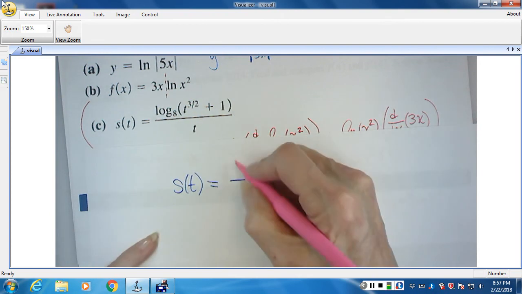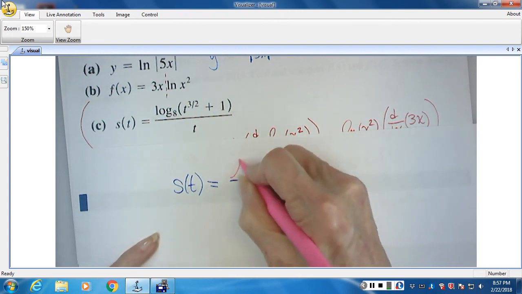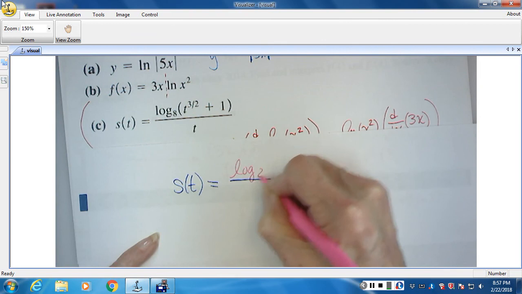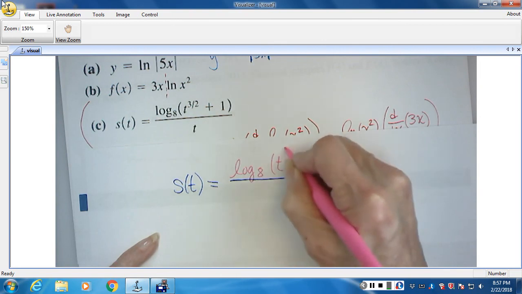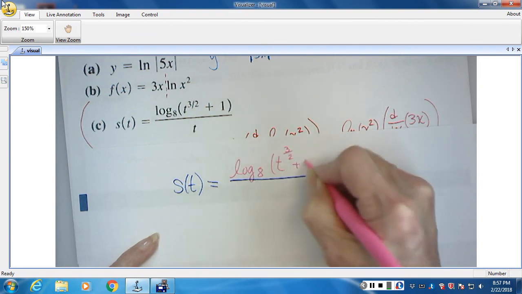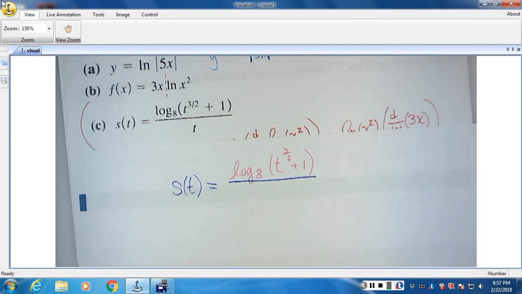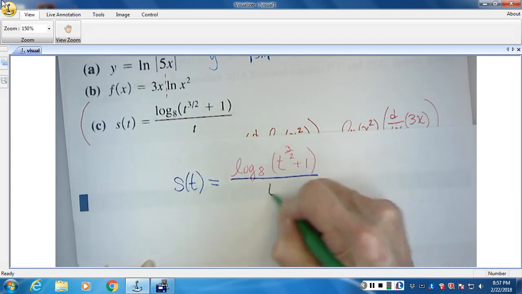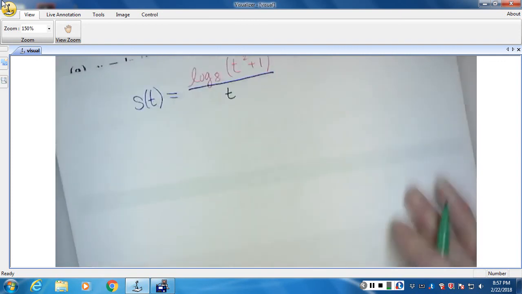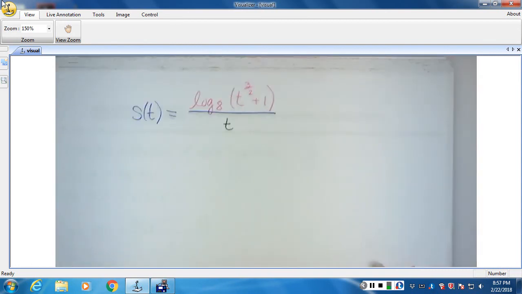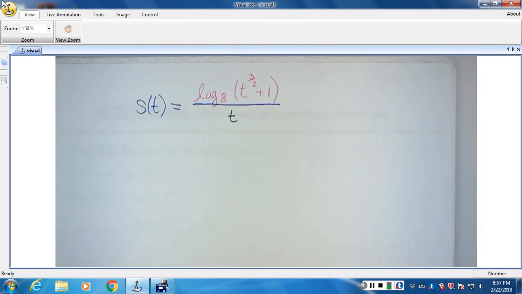So here's my numerator. Here's my denominator. So there's the quotient.